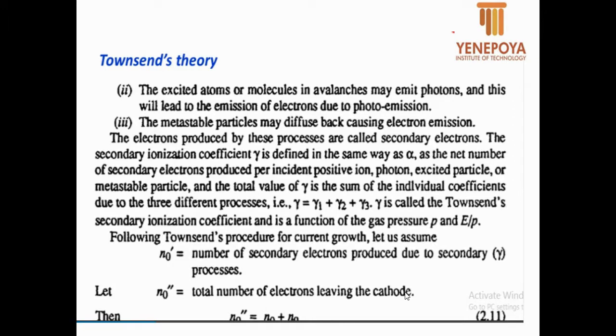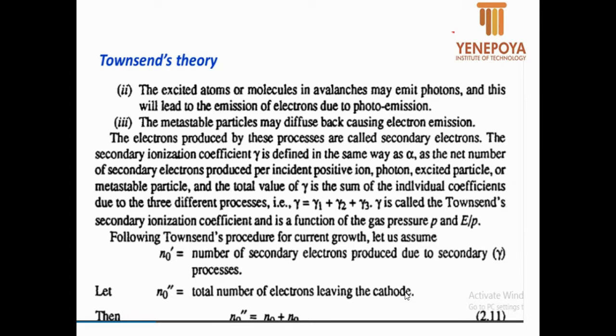Third, the metastable particles may diffuse back, causing electron emission. The electrons produced by these processes are called secondary electrons. The secondary ionization coefficient, what is that?